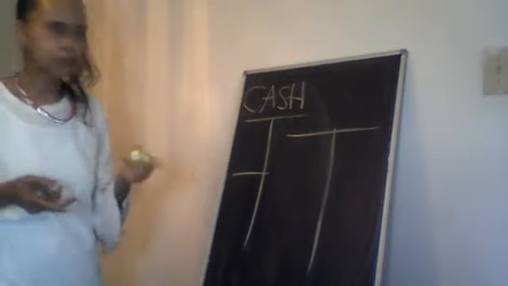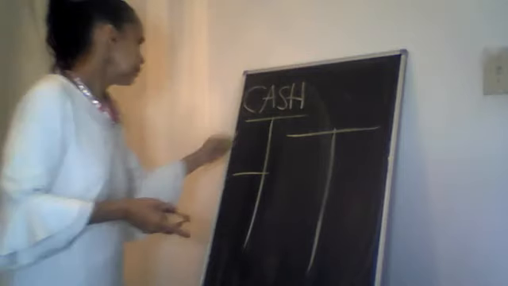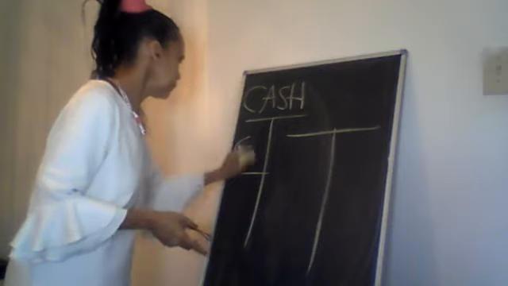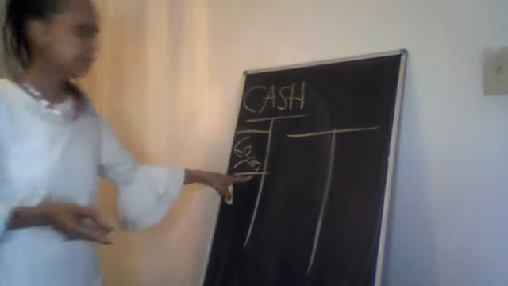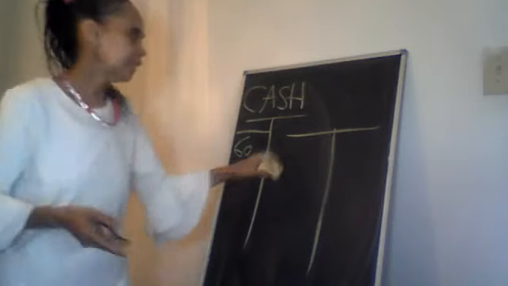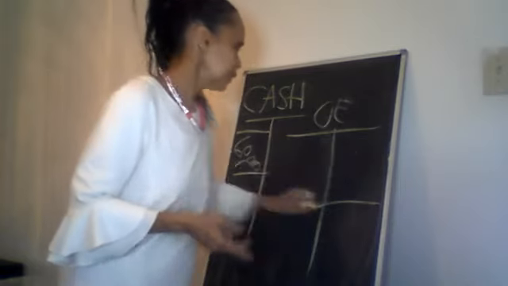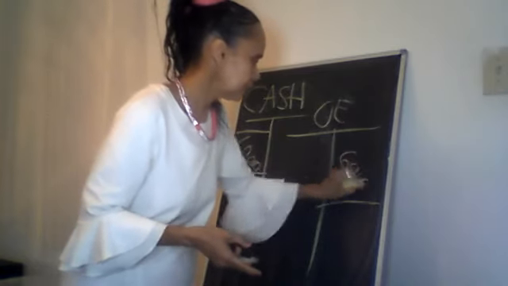But what he did, he took $60,000 and put it into his own law firm. So let's do $60,000 with a debit to cash, $60,000, and then owner's equity, $60,000. That's how he did that.